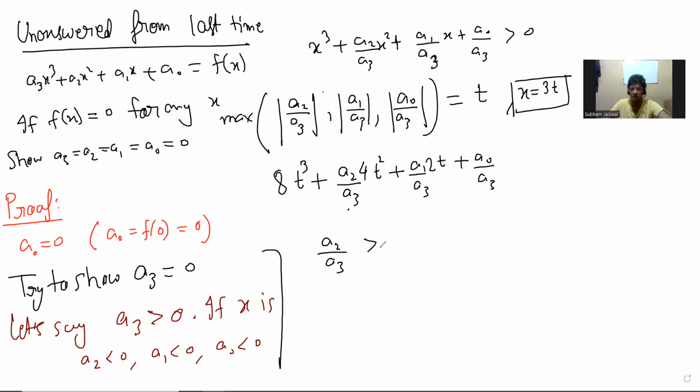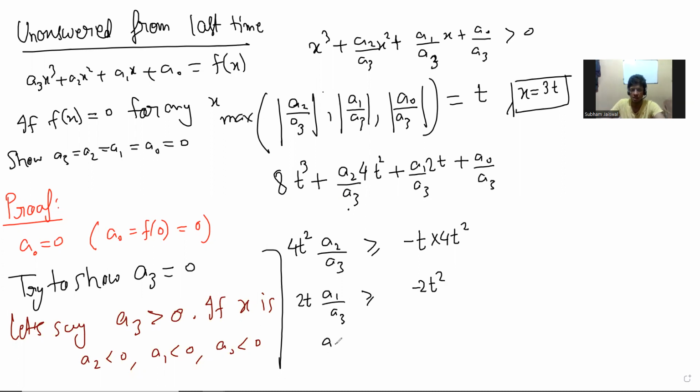So a2 by a3 is bigger than minus t, and so 4t cube, 4t square is bigger than this 4t square. Then this a1 by a3 is again bigger than minus t. So you have 2t times this, and that makes it 2t square, right?